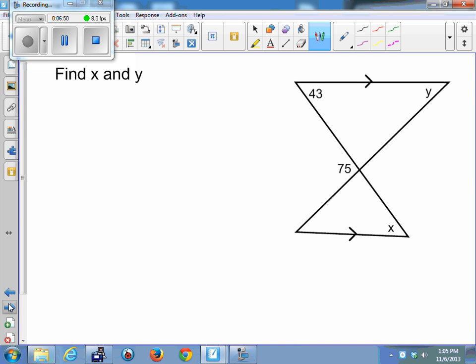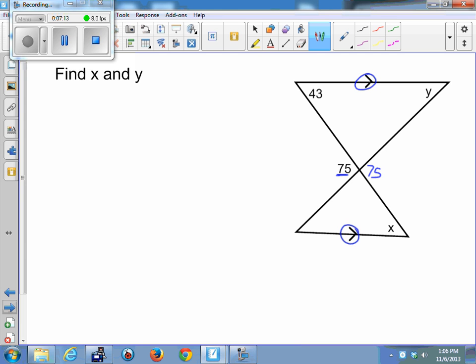All right, so here we have two triangles. Notice a few things. These are parallel lines, so to me, that means I'm going to start looking for alternate interior, alternate exterior, all those kinds of things. So here, I'm just going to fill in a few things that I know. This is 75, so its vertical angle is 75.